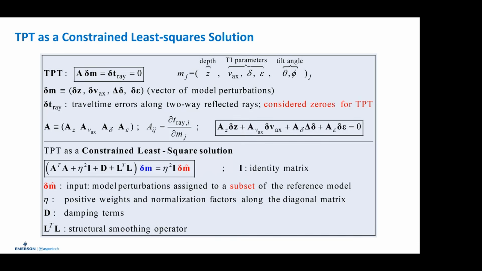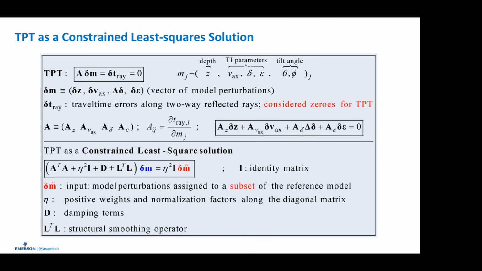And A is the matrix that is applied on the delta M, making, within small errors, this relation linear.